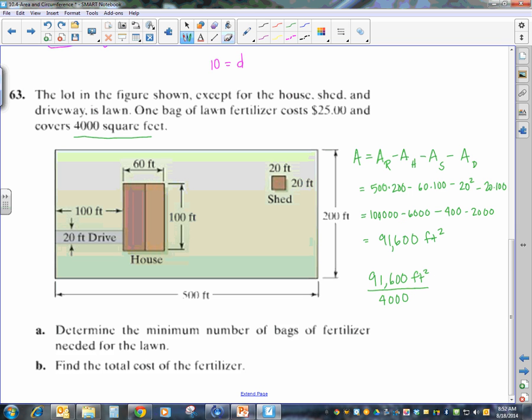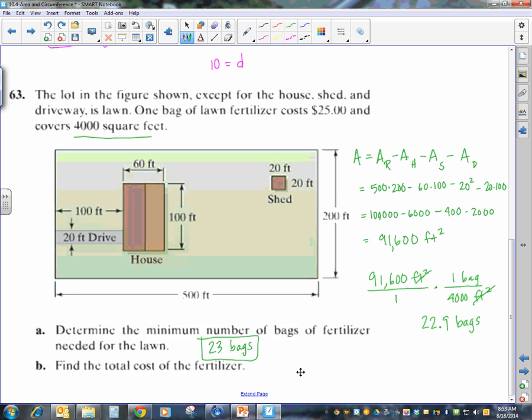Another way to look at that is to think of the dimensional analysis that we've done before, and you can know that one bag of fertilizer is equal to 4,000 square feet. So that's why we're dividing. So 91,600 divided by 4,000 is actually 22.9. So that's 22.9 bags, which means how many bags of fertilizer do we have to get? We have to get 23 because we can't buy a part of a bag of fertilizer.